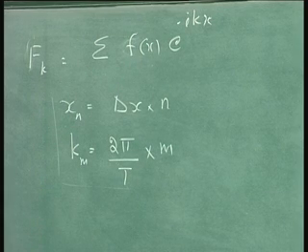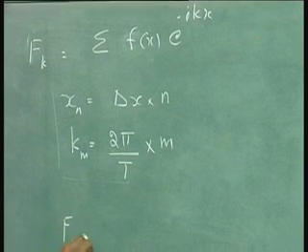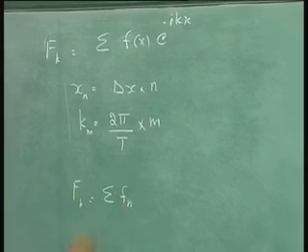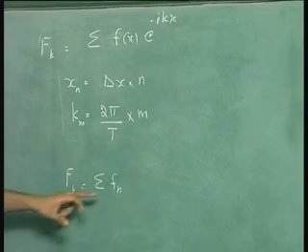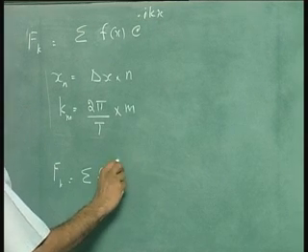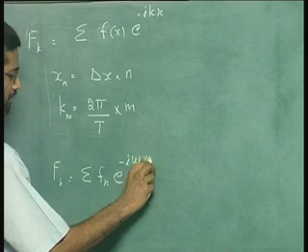Now when you substitute that, we get the expression which I have just now written. We say that Fk becomes the sum of fn, our function value at xn, into e to the power of minus i omega 0 times m times n.